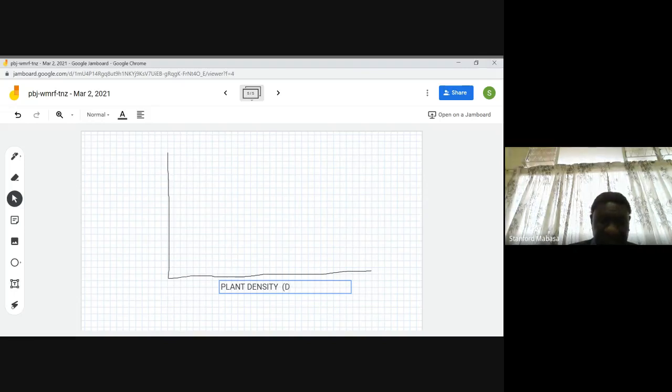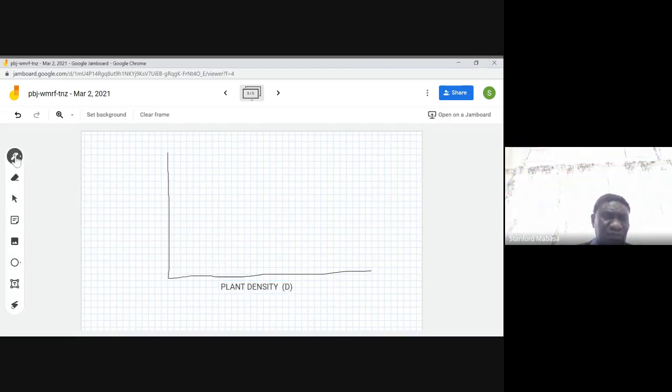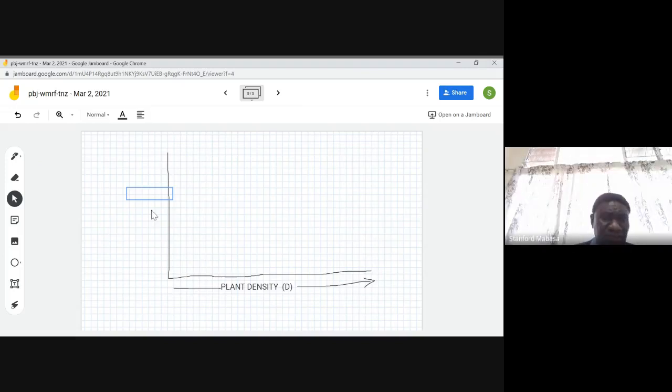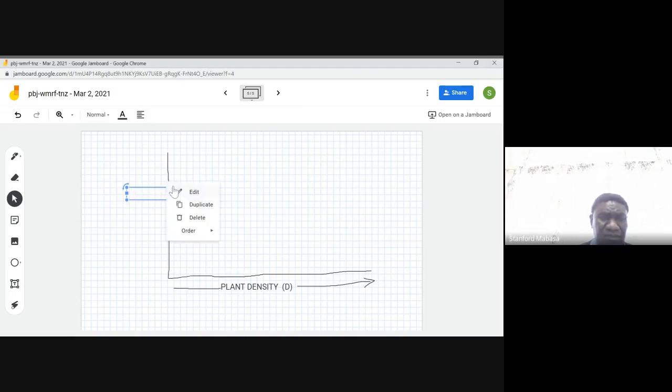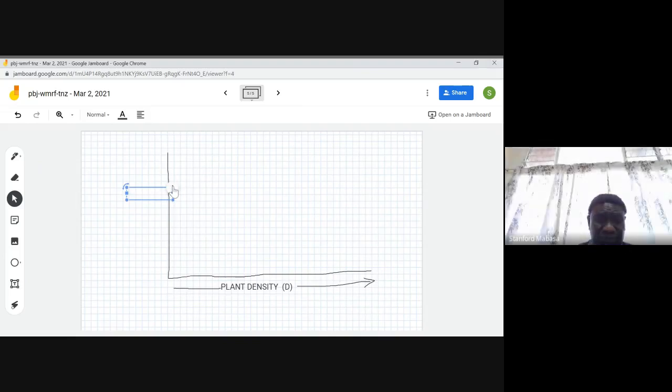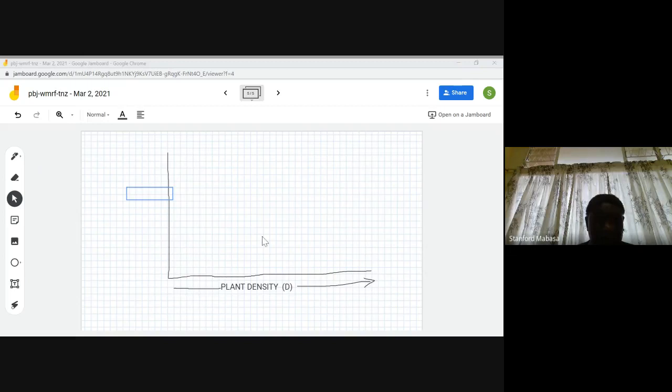They will represent it by D. Then on the y-axis, we need yield. So let me write yield here.